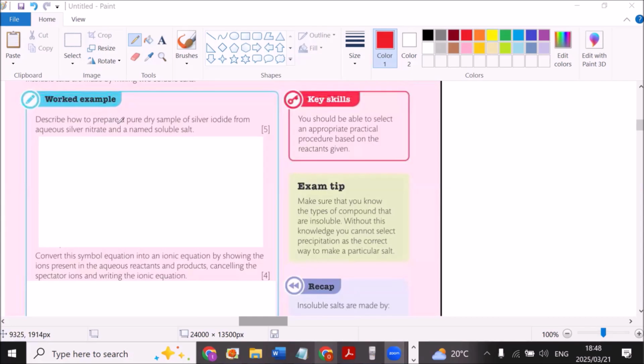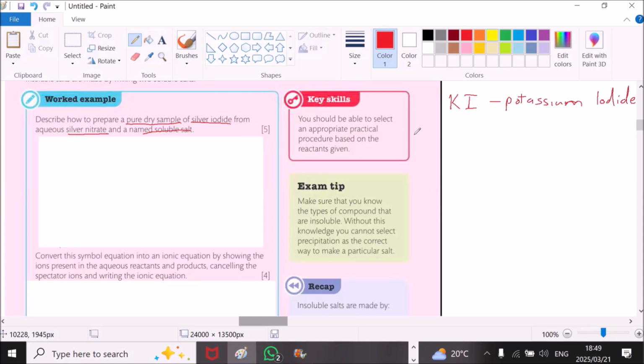Let's look at this question. Describe how to prepare a pure dry sample of silver iodide from aqueous silver nitrate and a named soluble salt. First, we must name our soluble salt. Any group 1 salts are soluble, so we can choose potassium iodide as our soluble salt. And we have silver nitrate.